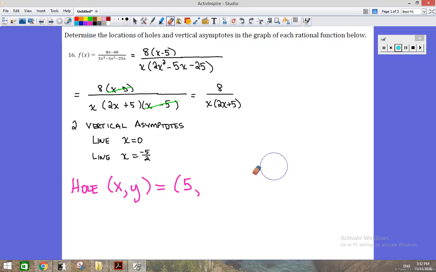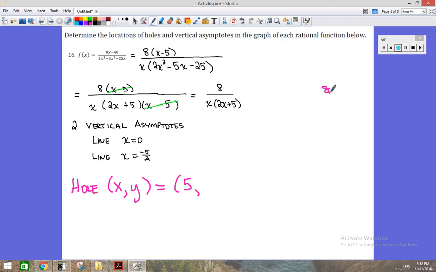Now, students sometimes have difficulty finding the y-coordinate. If you plug that 5 back into the original expression, you're going to get 0 divided by 0, which is undefined. You have to plug 5 in to the fraction after you've written it in lowest terms.